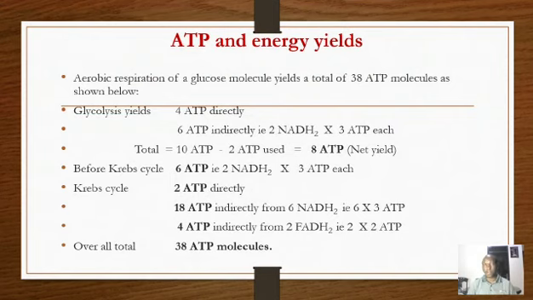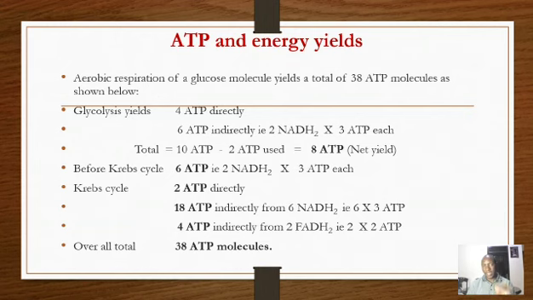We then look at ATP and energy yields. Some calculations here, but simple calculations, very easy calculations. Now we have noted that respiration occurs in 3 stages: glycolysis, Krebs cycle, ETS.